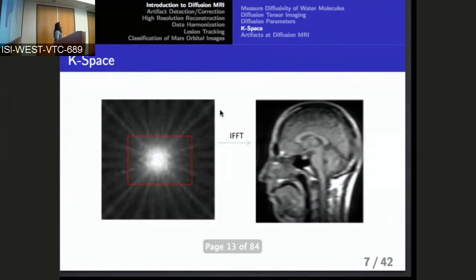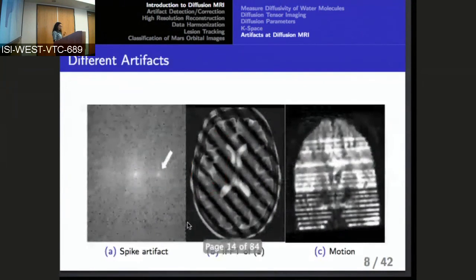But there are lots of limitations when we acquire these images. We cannot acquire a dense sampling of Fourier coefficients. Maybe we are limited to sampling only some points inside this red rectangle here. And you can see that we are losing resolution because of this limitation.